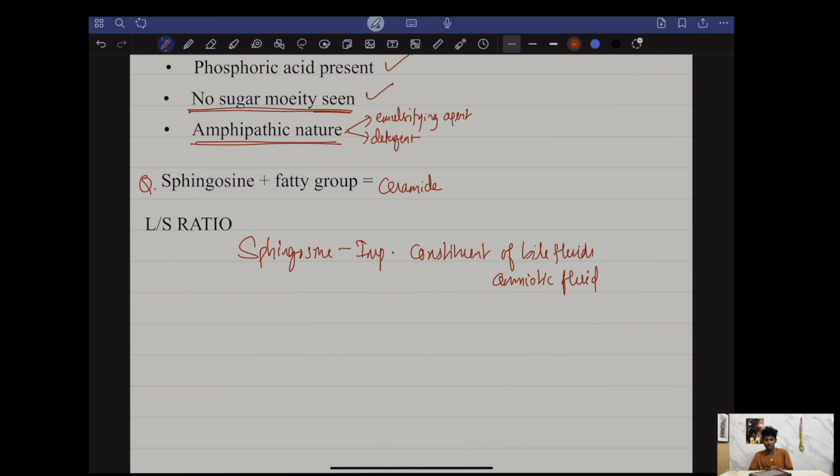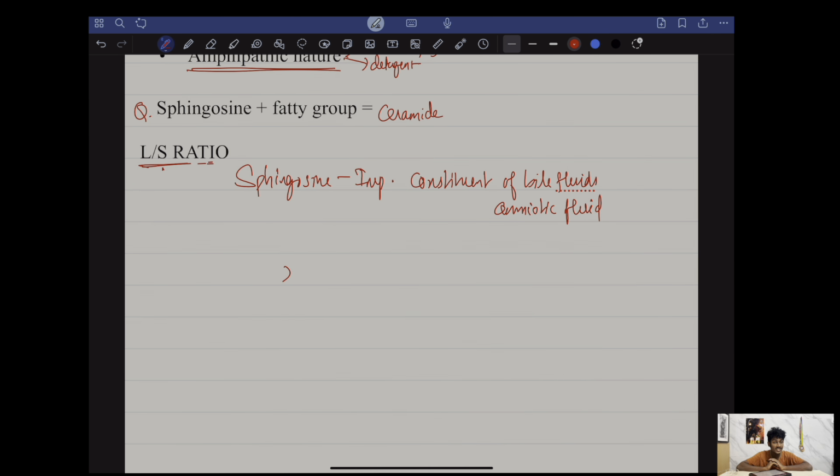Why is it very important? Because we can detect fetal lung maturity with the help of the ratio in the amniotic fluid of a woman. The lecithin and sphingomyelin ratio should be maintained. Let's see how.